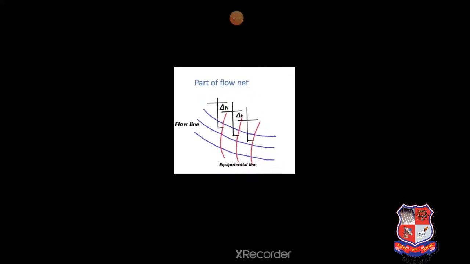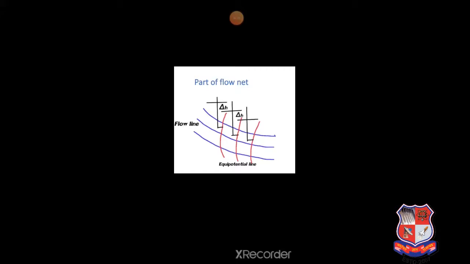Friends, FlowNet is a curvilinear net formed by the combination of flow lines and equipotential lines. In this figure, the blue lines show the flow lines and red lines show the equipotential lines. Flow lines or streamlines represent the path of flow along which the water will seep through the soil.